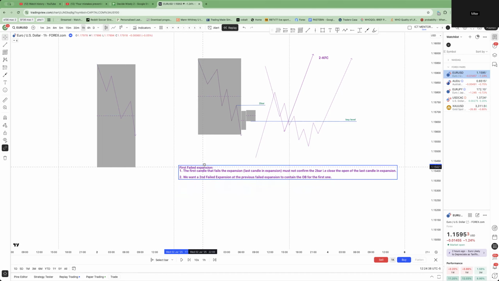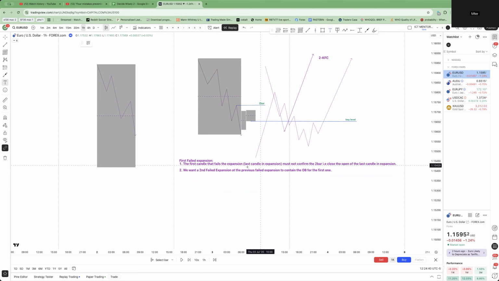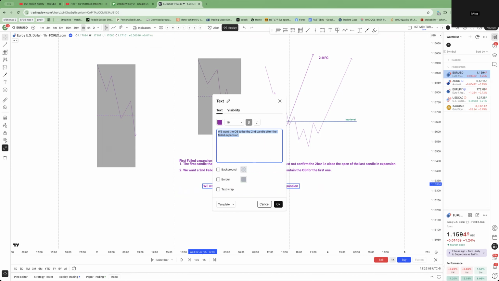And for the other one, the rule is simple. We want the OB to be the second candle after the failed expansion. That's for the second one. Very simple. Okay. I'm saving this in my own notes for later.